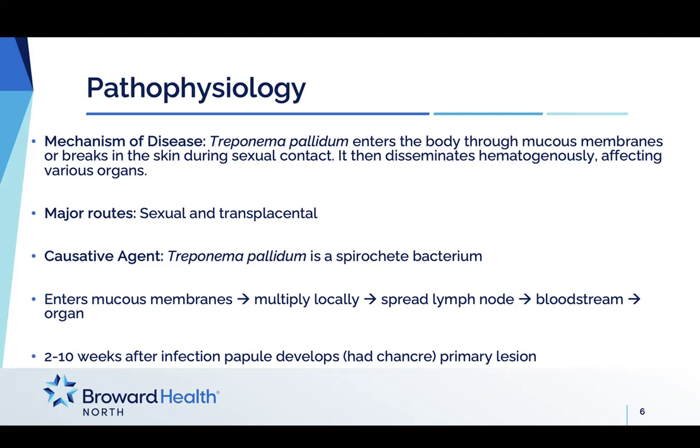So the two major routes that have been identified are the sexual and the transplacental, and the issue with this is that when it gets transmitted, the infection papule, which is the first stage of syphilis, the first sign, let's just say, that the person will see physically, sometimes takes 2 to 10 weeks after the infection to actually be seen. So we'll discuss this in more detail on the further slides.